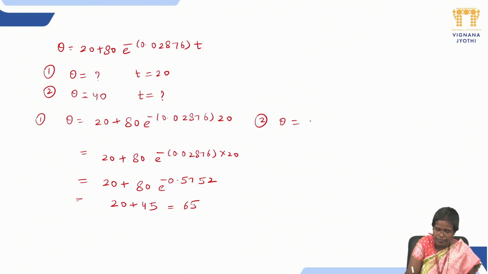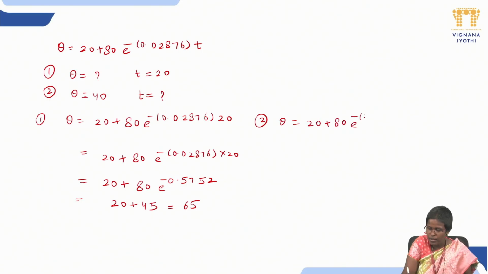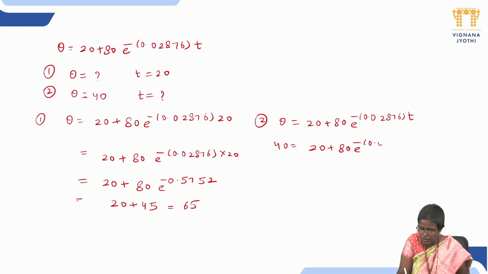Now second problem. Theta equals 20 plus 80 e power of minus 0.02876 into t. Now, they have given the temperature 40. 40 equals 20 plus 80 into e power of minus 0.02876 into t.